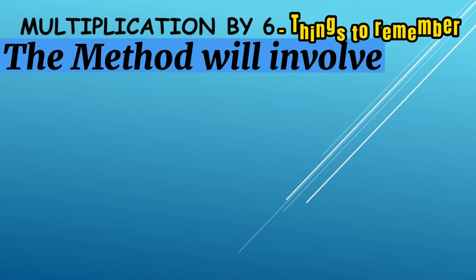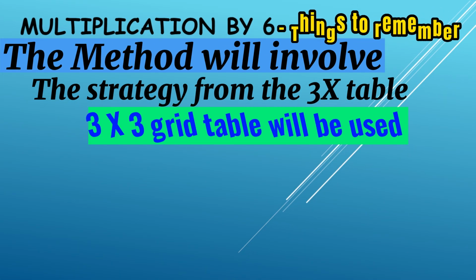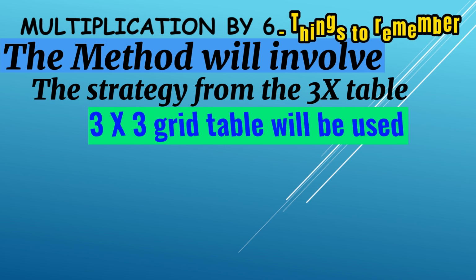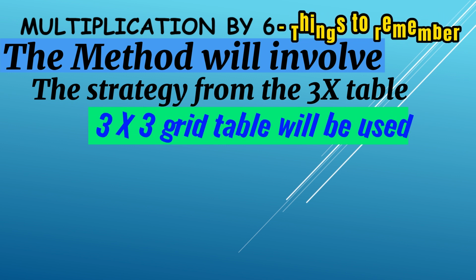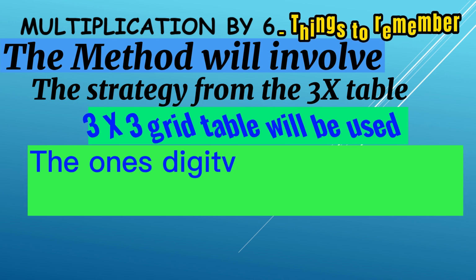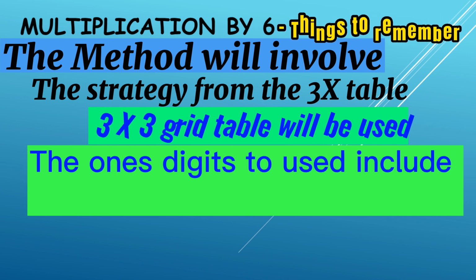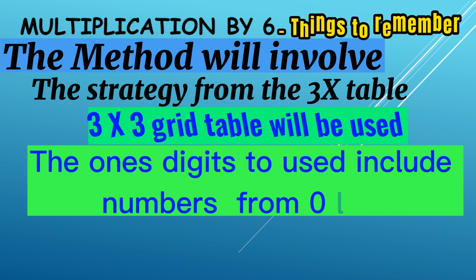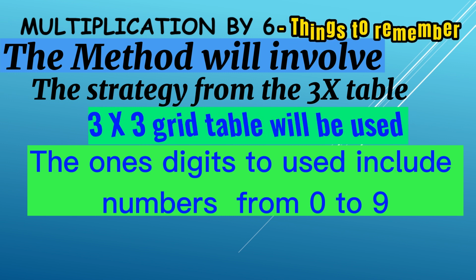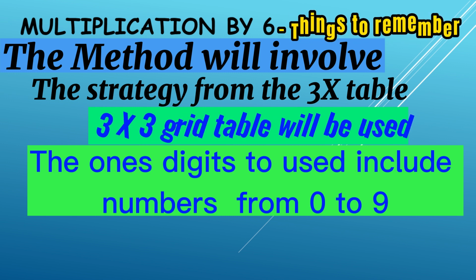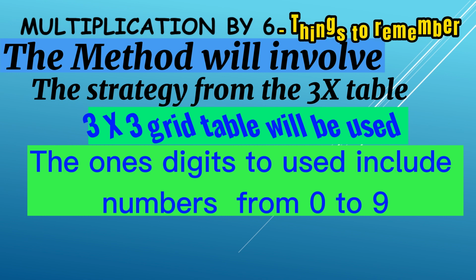Method 1. We will use the strategy we used during the 3 timetable, which is forming a 3 by 3 grid table. We will then list the ones digits from 0 to 9. But remember, the 0 will be listed outside the grid table, whilst 1 to 9 goes into the table.